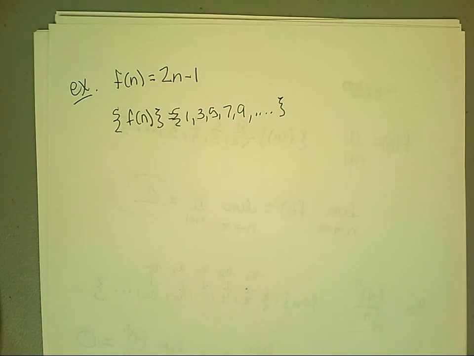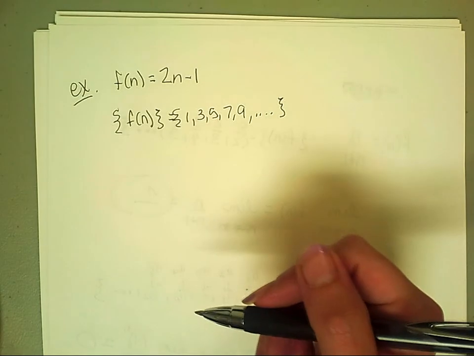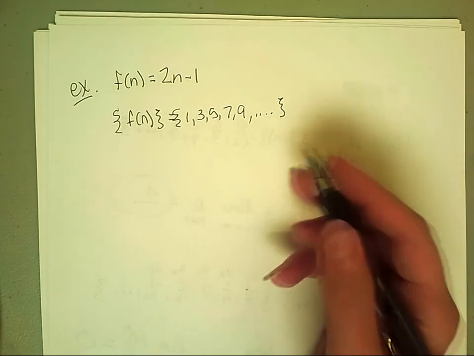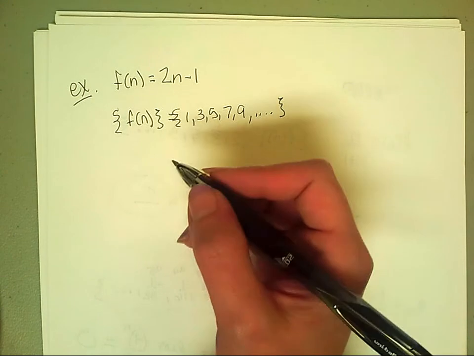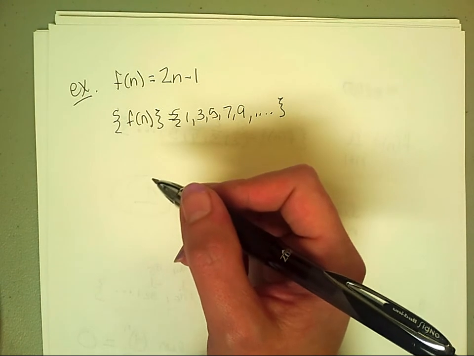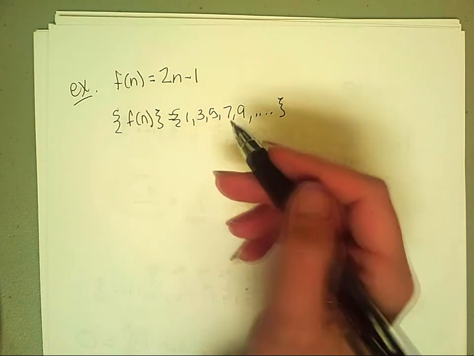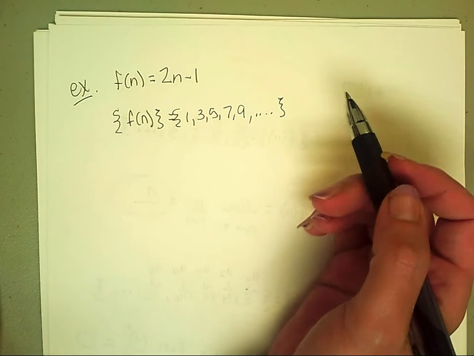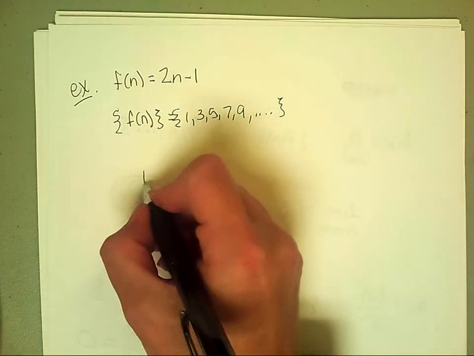We said this was strictly increasing, and that the terms of this sequence increase without bound. There is no boundedness to this, and so this is a divergent sequence because the terms do not approach a single value.